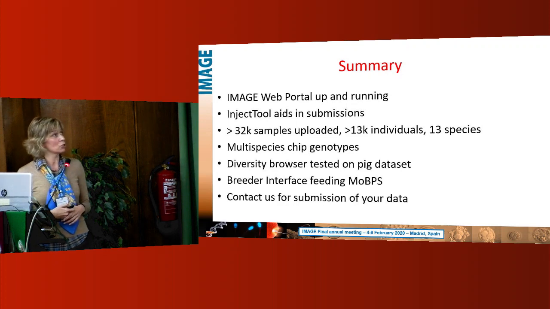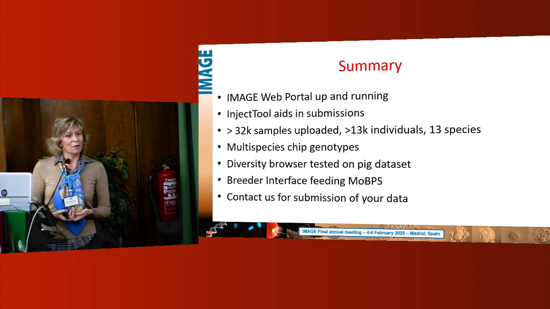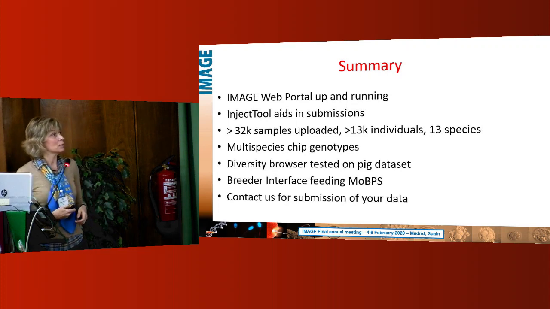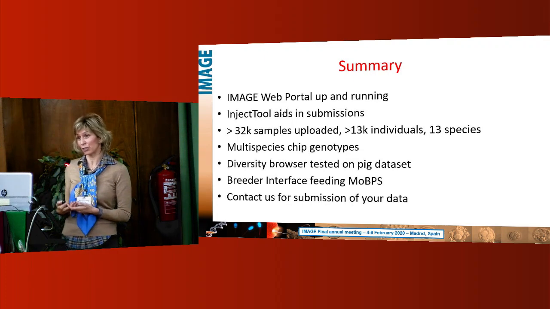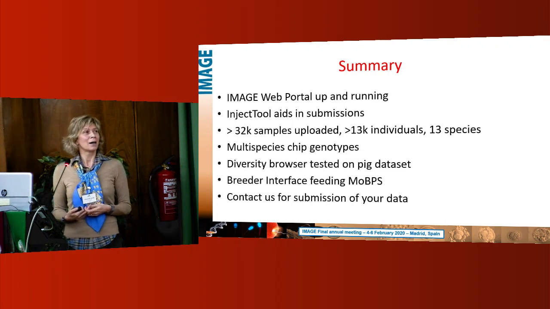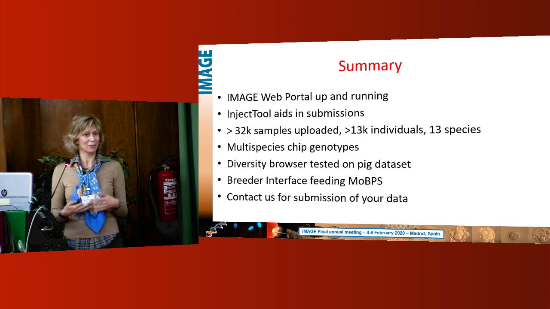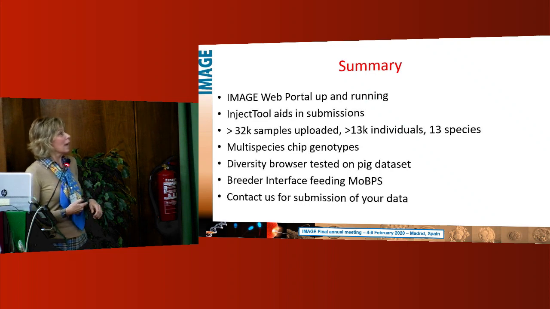The multi-species chip genotypes are being uploaded once all the checks are being performed. The diversity browser has been tested on a big data set, and we really encourage to use it on different subsets to get information on your population and collection.